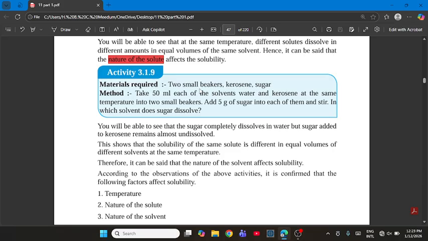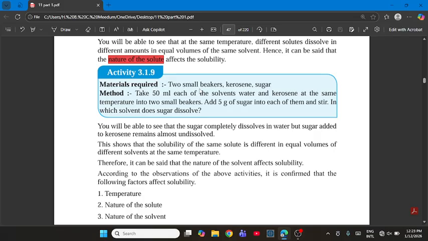Materials required are 2 small beakers, kerosene and sugar. Take 50 milliliter of each of the solvents, water and kerosene at the same temperature into 2 small beakers. This time, the previous time we used the same solvent, water, and 2 solutes, sugar and salt.